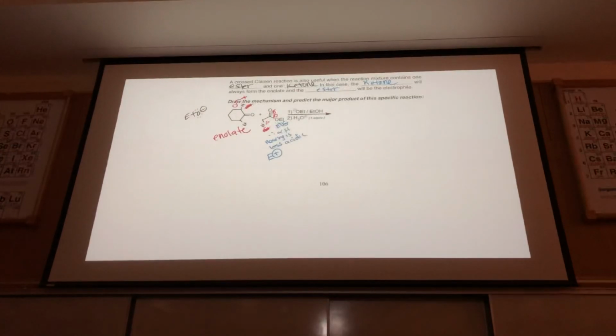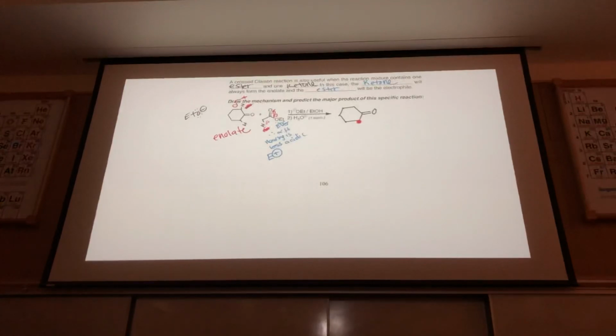All right, so let's walk through the mechanism. Enolate means I have a minus here. Attack, open, close, kick. Let's see if we can replicate that as we draw. Since I have a lot of words up there, I'll make this one the one below it, the enolate right here.